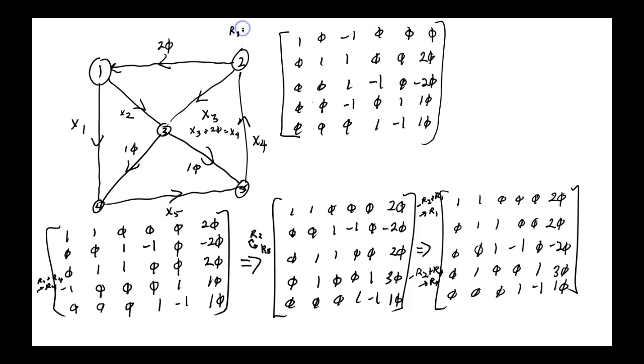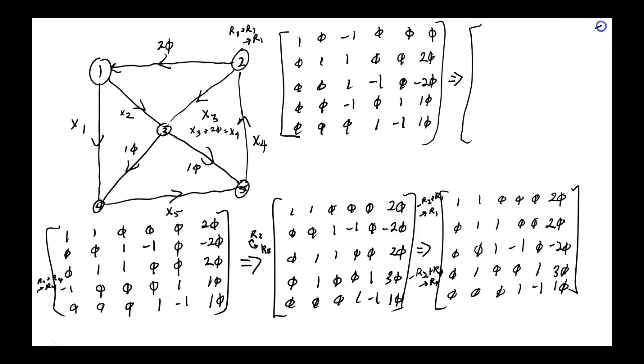I'm going to put row 3 plus row 1 is the new row 1. Yeah, it doesn't matter. It says the same thing. Okay, so I'm going to try to squeeze it in here. All right.